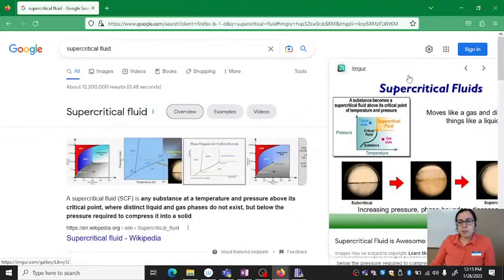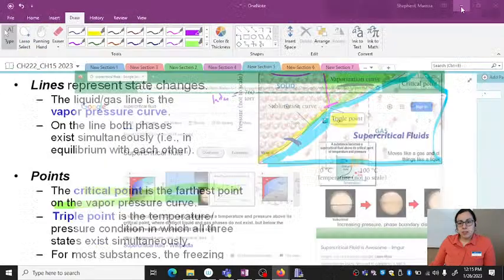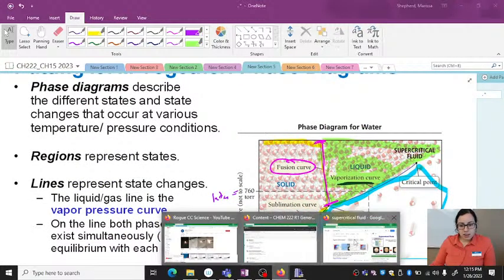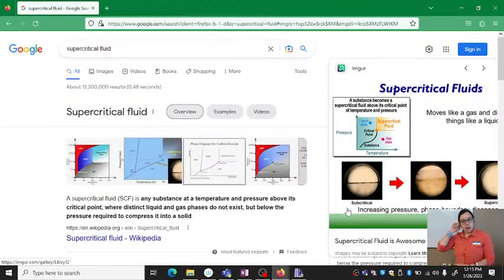So I was looking for this picture here. The key point with the critical point is that you get this supercritical fluid. It's kind of hard to describe, so I think the pictures are best. A supercritical fluid means you have a substance at a temperature and pressure above its critical point, so there's no distinct liquid and gas phase.